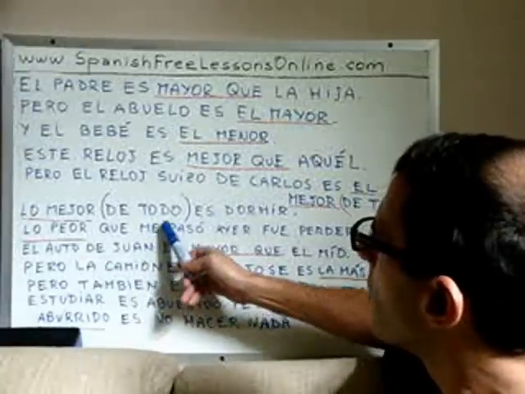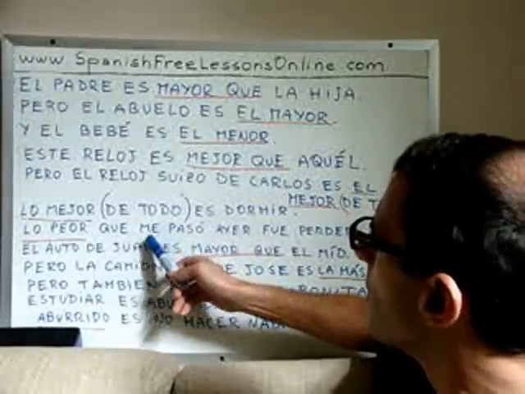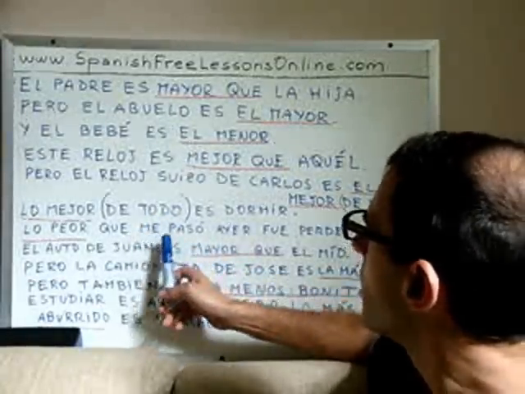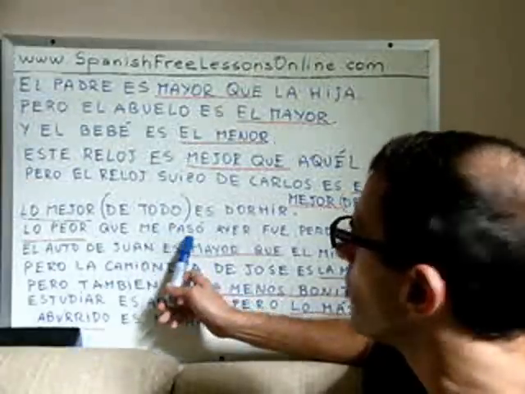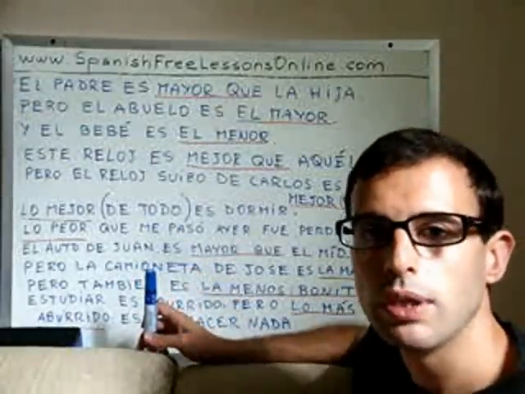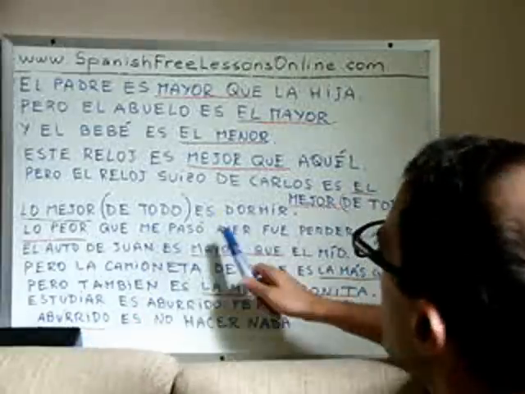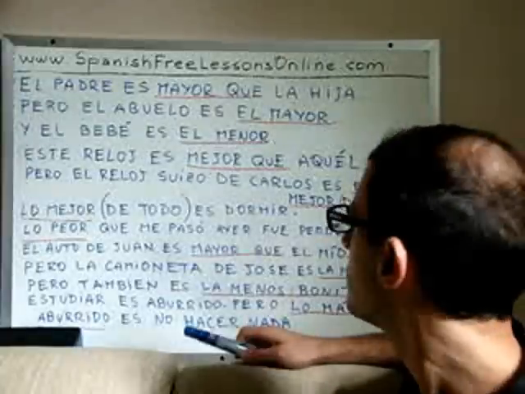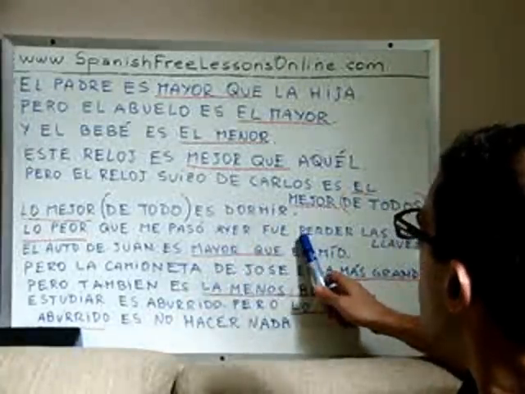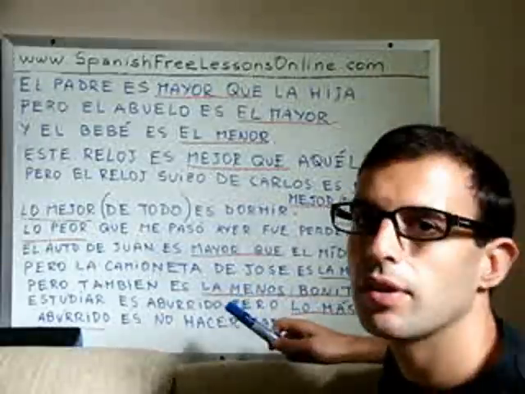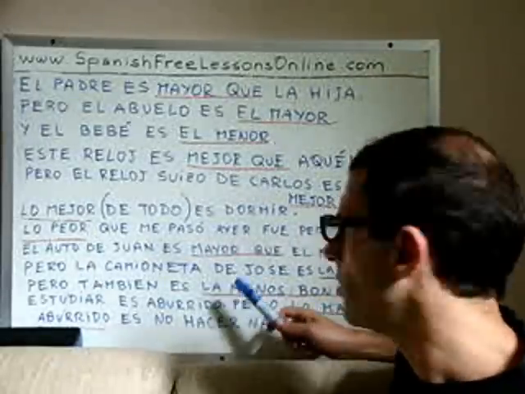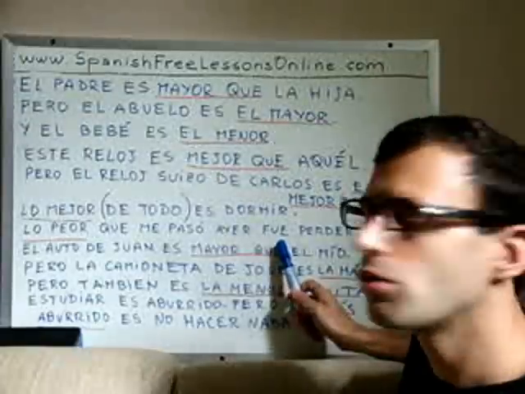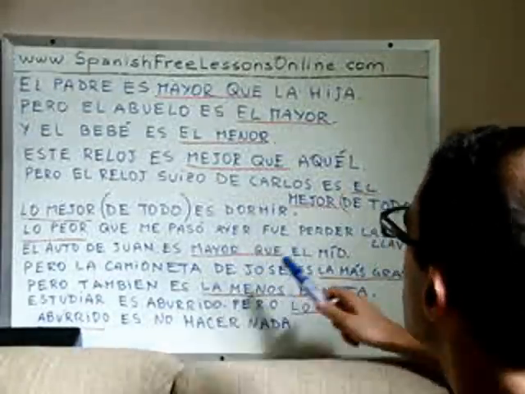Remember this pronoun. Me pasó means happened to me, right? Ayer means yesterday. Fue is the past of the verb to be. So this means was.